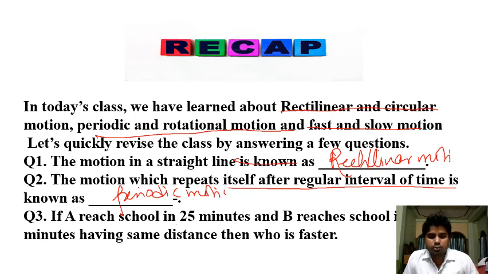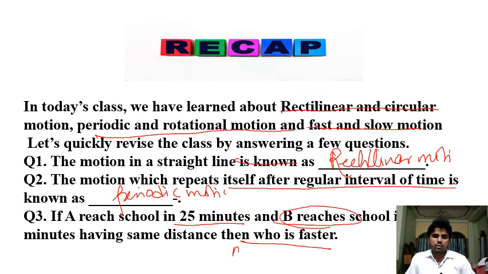If A reaches in 25 minutes and B reaches in 10 minutes, covering the same distance, who is faster? B reaches in 10 minutes, so B is faster. Actually the data is hidden by this camera, so I cannot see. But if it is 10, then you can say that B is faster.